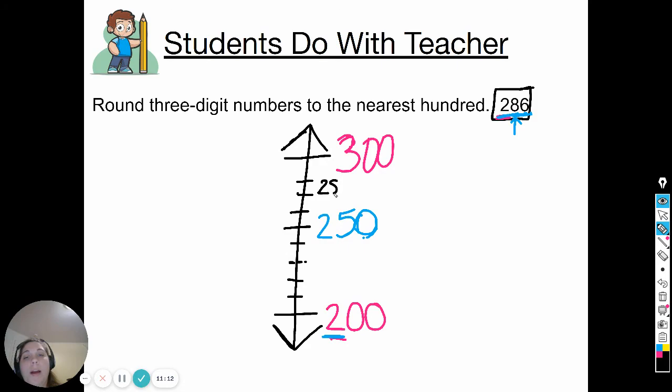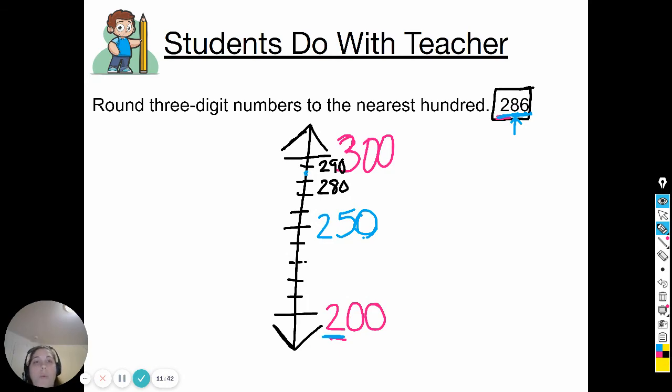I'm going to label that. 290, 300. Remember, pause the video if you need to catch up. So I know that 286 is somewhere between 280 and 290. About right there in the middle.